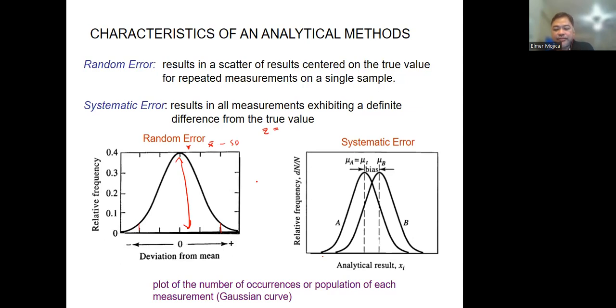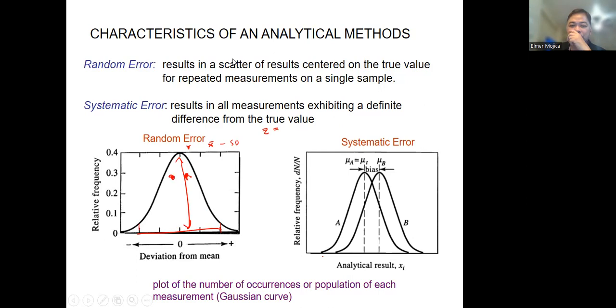Sir, parang ako po sa physics ko po na remember yung term na Gaussian. Bell curve. Or the so-called normal distribution curve. Yes po. Okay, so ito yung normal.